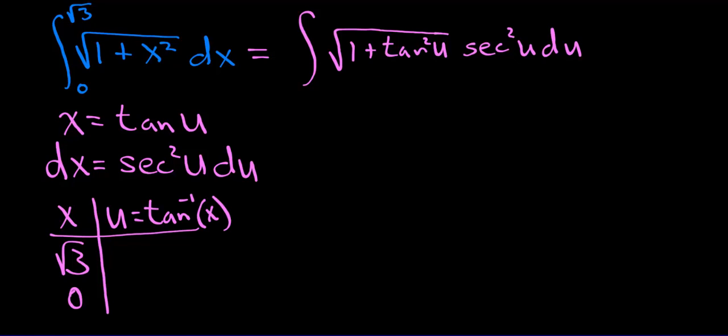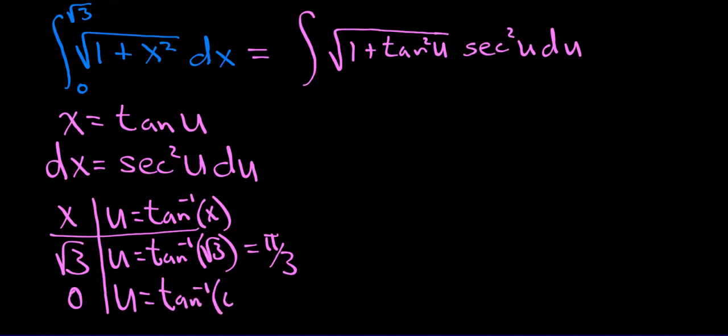So u is going to equal arctan of square root of 3, which is pi over 3, and arctan of 0, which is 0. So our integral is going to be from 0 to pi over 3. So we've transformed that integral. We did two different things: we had to do something to the integrand, and then we had to do something to the bounds as well.